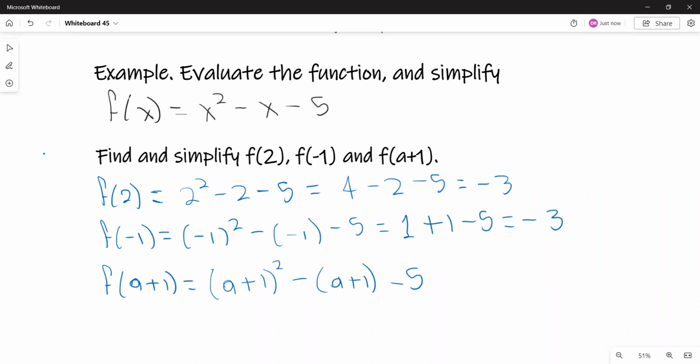So that is correct, but we're going to simplify a few terms. We can distribute that minus sign, and we can square a plus 1. A plus 1 squared is a squared plus 2a plus 1 minus a minus 1 minus 5.